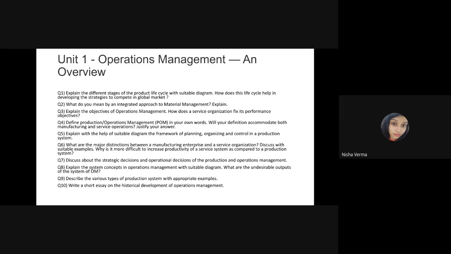What is material management? Material management, a problem of production management, is essentially concerned with the management of the flow of material through and out of the system.